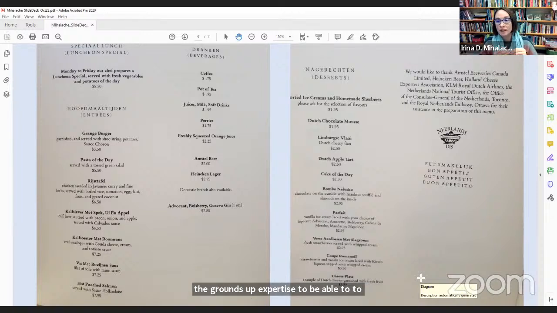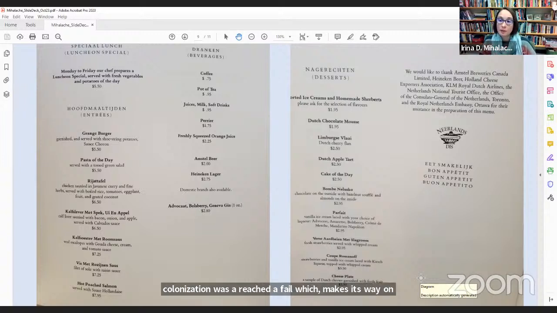And one interesting dish that I wanted to emphasize here is a rijsttafel, which is a colonial dish, right? The Dutch colonized Indonesia for a very long period of time, and one of the dishes that was born out of this process of colonization was a rijsttafel, which makes its way on this particular menu.